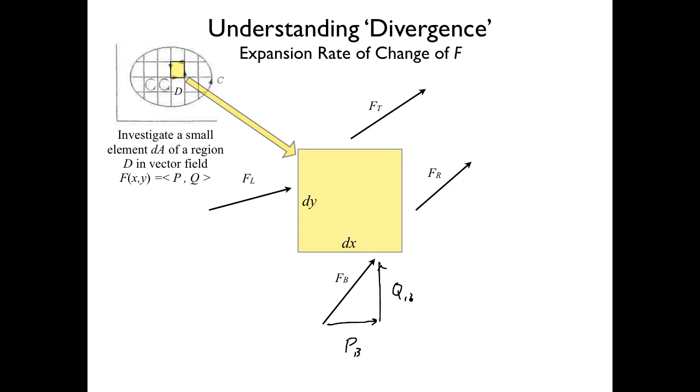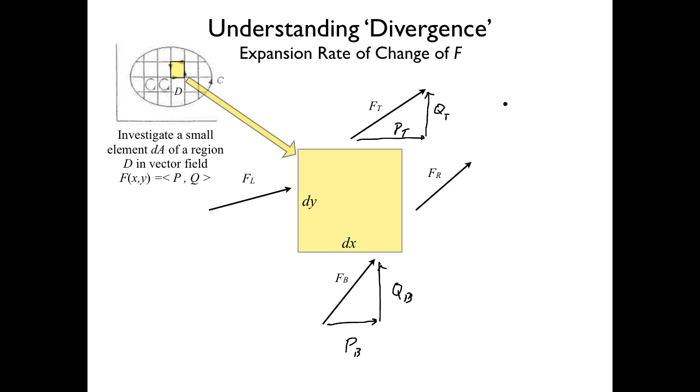So we got P and Q, PT and QT. Talking about the bottom vector and the top vector around this little element, what's going to contribute to expansion or compression or contraction? Which component?